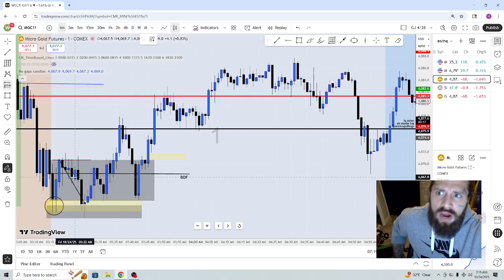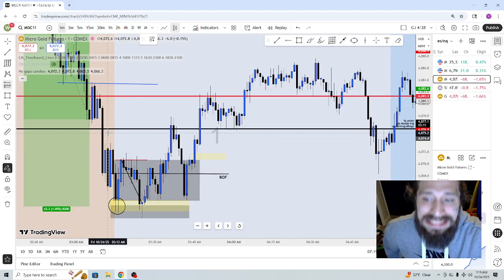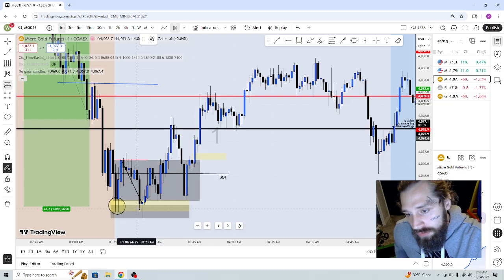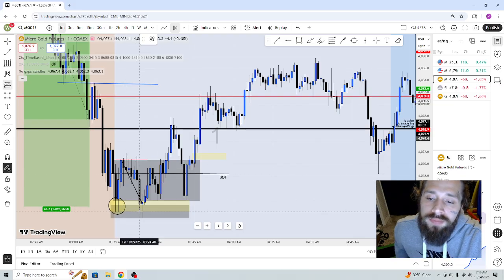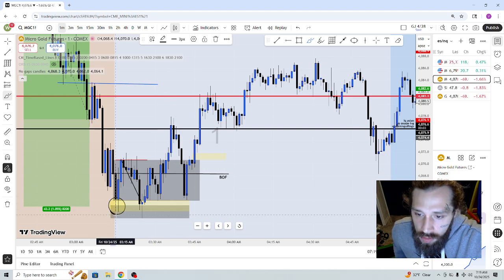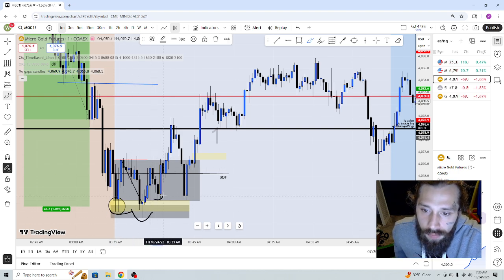Again, flowing with our confirmations: order block, failed transition, break of flow, retest of order block and failed transition, Quasimodo, bullish engulfings. Quasimodo's right here if you don't see it.